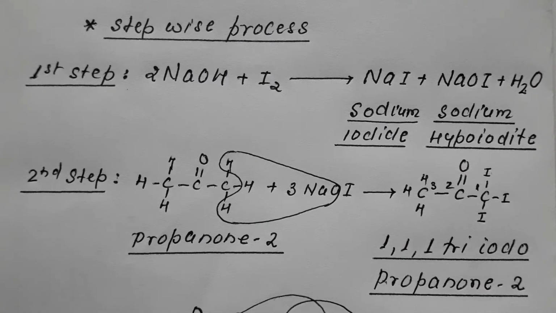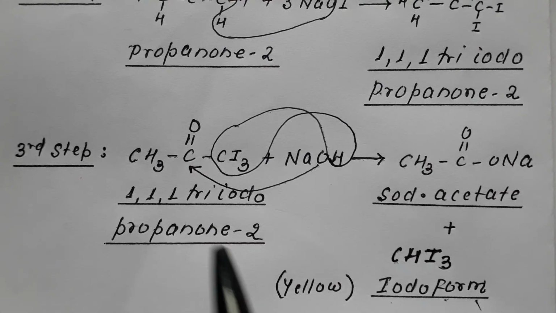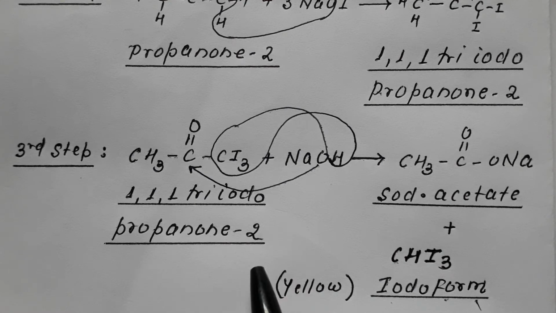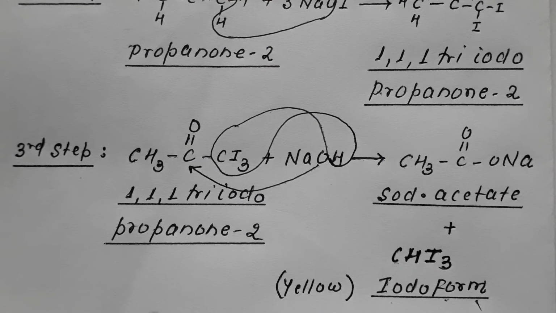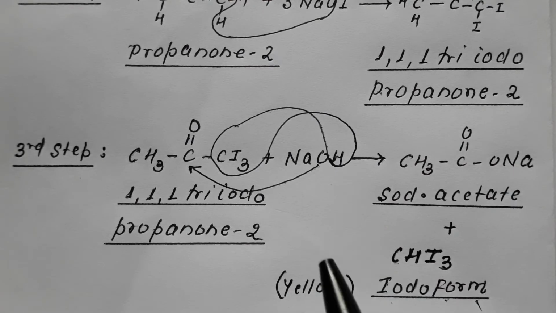Now in the third step, the molecule of 1,1,1-triiodopropanone-2 formed in step number 2 reacts with a molecule of NaOH.